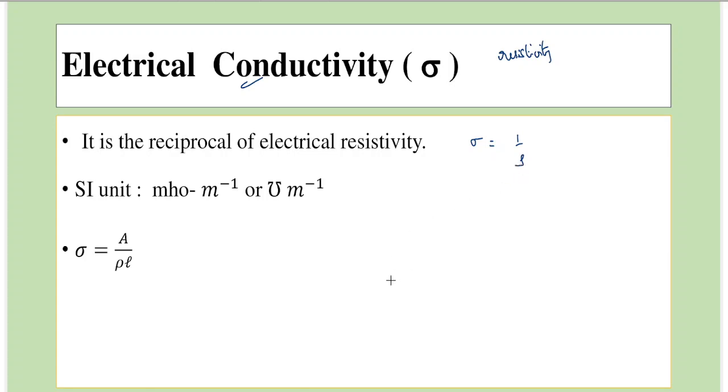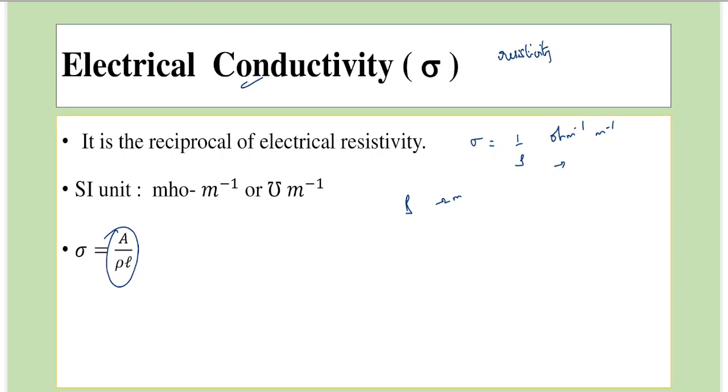So from there, what we get is sigma is equal to A by rho L. Rho unit was ohm meter. If you read it as this, it becomes per ohm per meter.